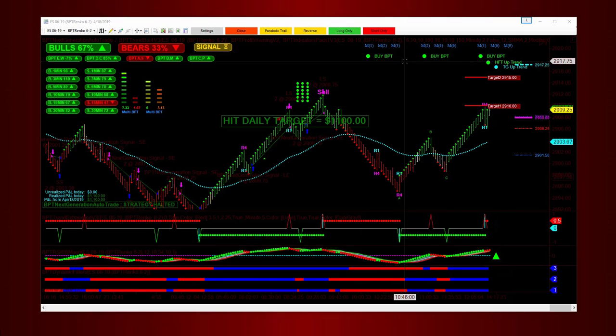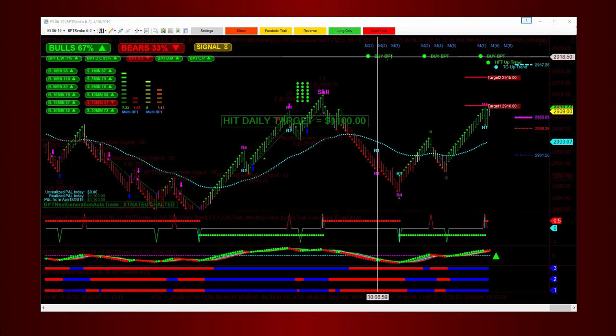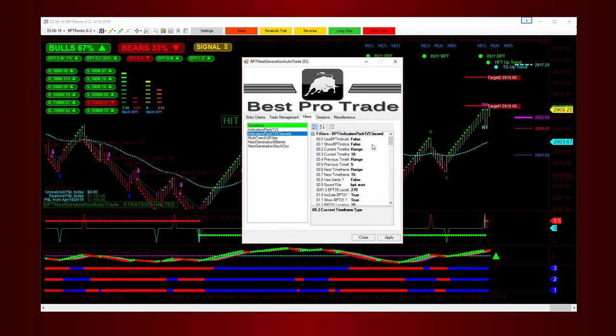I'm sorry, not 3. You can use 2 of them, they have to be in the green, or you can use 1 of them as an example. Also, you can change the time frame. As an example, you can use range, minutes, Renko. So this is an extremely advanced automated trade, and you can also manipulate the signal how you want it to be done.